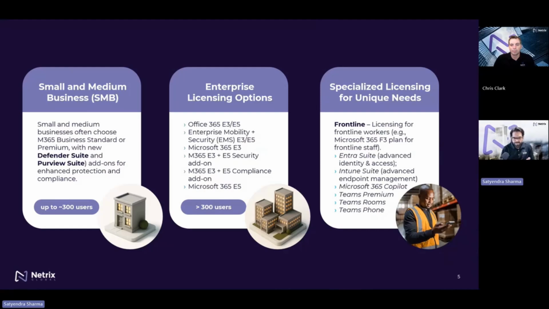There are also Entra ID and Intune standalone licenses. There is Microsoft 365 Copilot, the digital assistant that we are going to touch a little bit more about in the future slides. There is a Teams Premium license that attaches on top of your Microsoft Teams standard license, right?